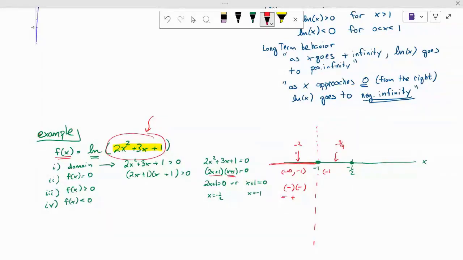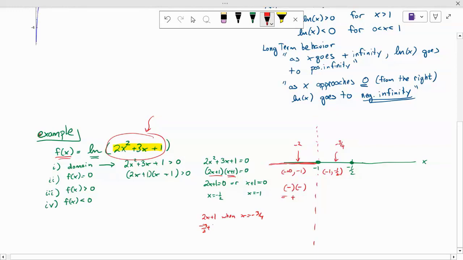All right, that interval. The first factor, 2x plus 1 when x is -3/4, is going to be -3/2 plus 1. So -1.5 plus 1, that's -1/2.